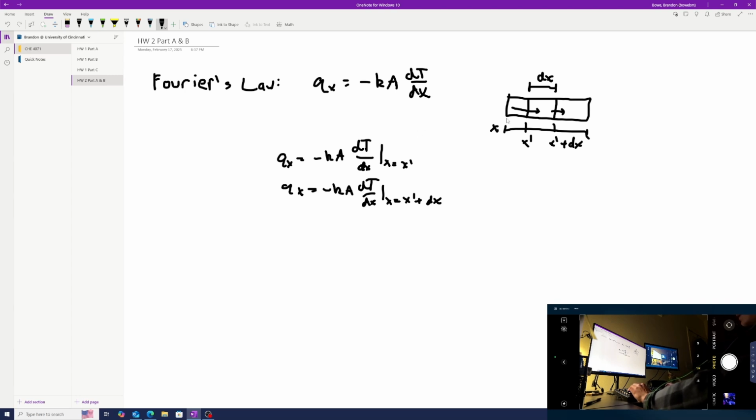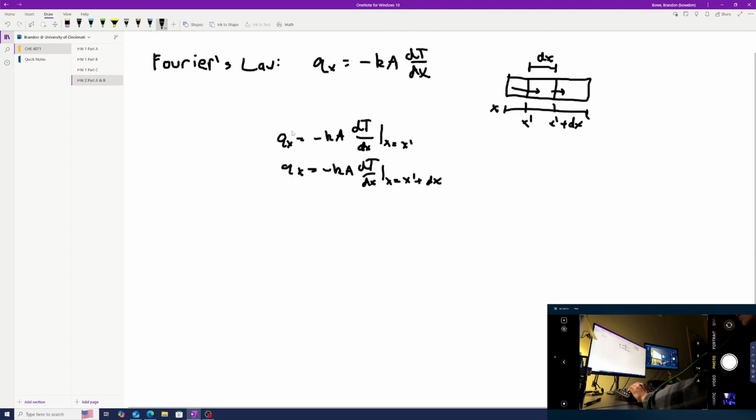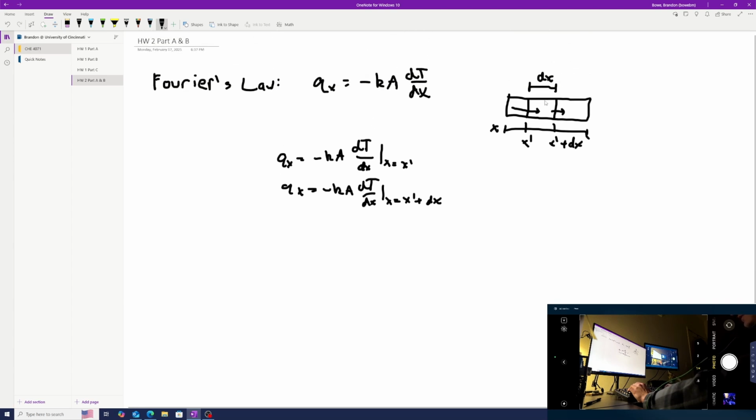So that's what's going in and out, but what's currently in our section, our metal, is equal to rho Vc times our change in temperature with respect to time. So this is showing the changing thermal energy within our block that we've determined.